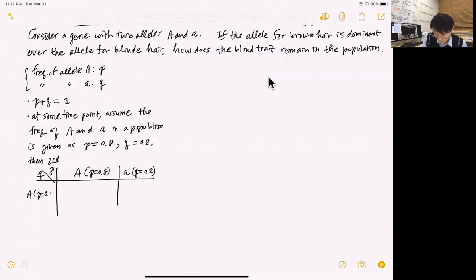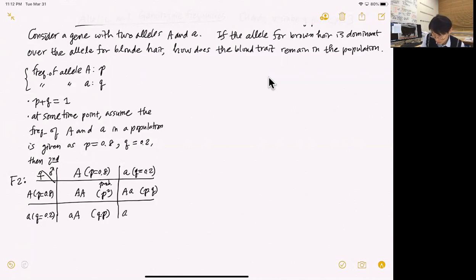When this random mating happens, the progeny of the F2 generation will be capital AA, with probability by multiplication P squared. Large A, small a has probability PQ, small a, large A has probability QP, and small a small a has probability Q squared.